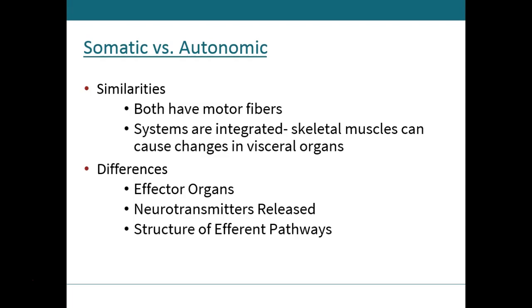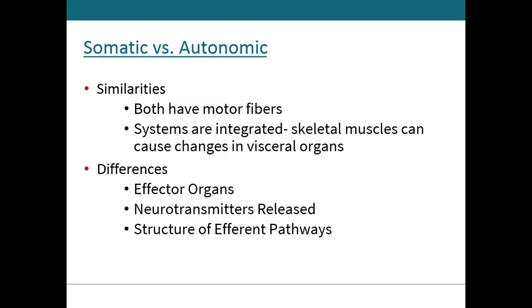Differences are the effectors, the skeletal muscle versus the viscera. We also have some differences in which neurotransmitters are released, and then, of course, their effect on the tissues that those neurotransmitters bind to, and the pathway of how those actions occur.